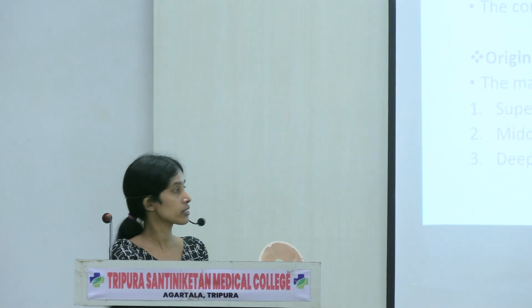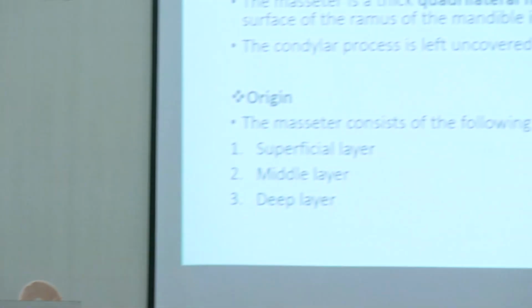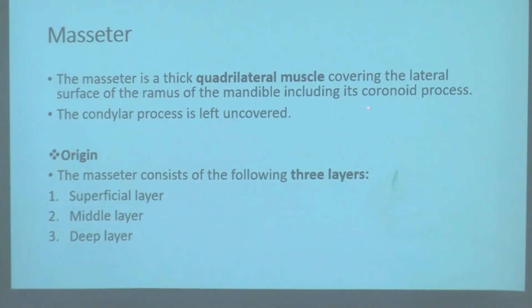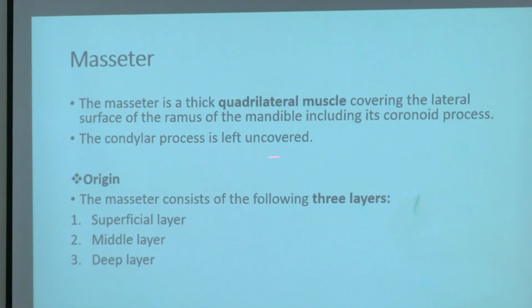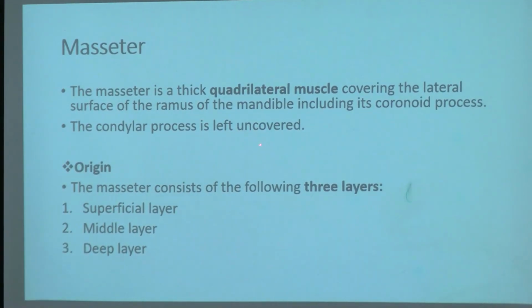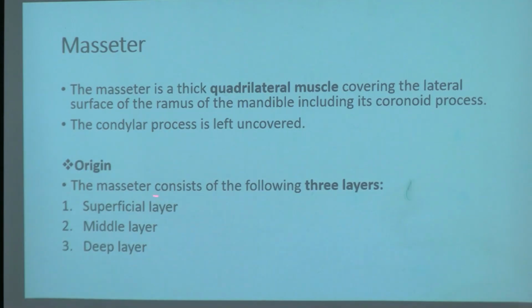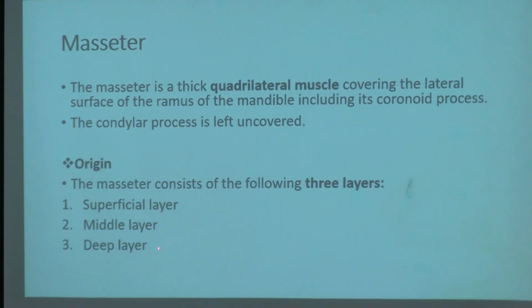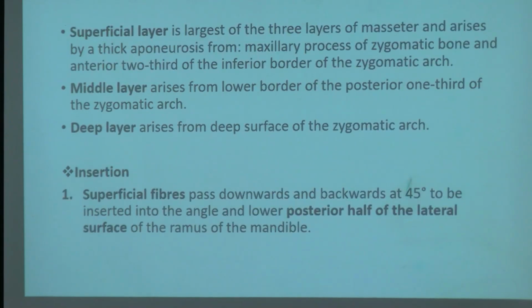The masseter muscle is a thick quadrilateral muscle covering the lateral surface of the ramus of the mandible, including its coronoid process. The condylar process is left uncovered in this part. Origin: we have three layers or three parts, that is the superficial layer, middle layer and deep layer.